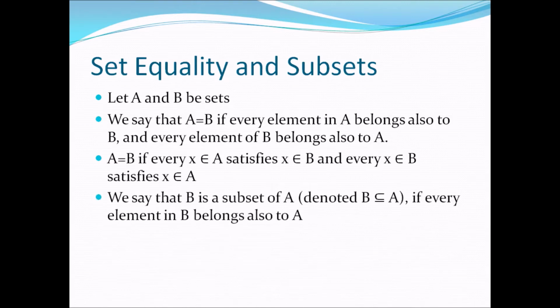We say B is a subset of A, and we note that B subset A with the sideways U with the line underneath, if every element of B belongs also to A. So you might shorthand this with our epsilon, saying B is a subset of A if every x in B satisfies x in A. And notice that B is a subset of B. A set is a subset of itself, and the empty set is a subset of every set.